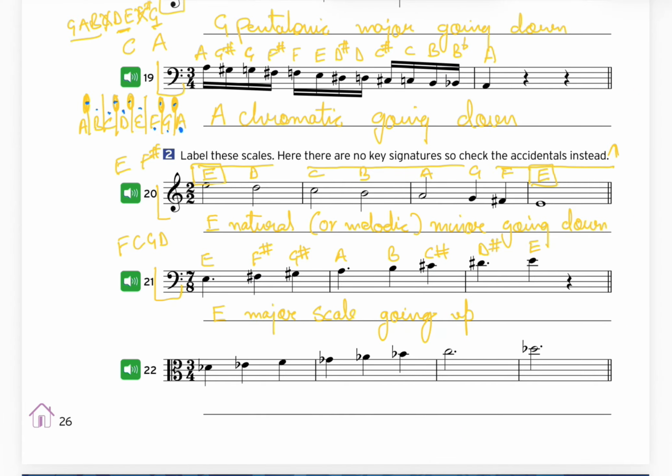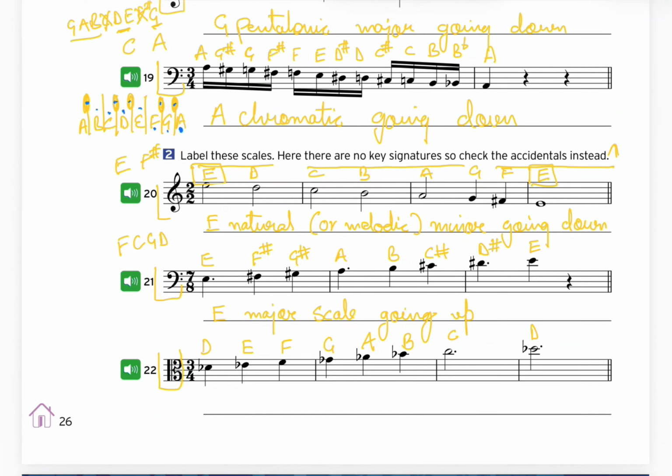Okay. Now the last one. Let's find out this one. So this is our alto clef. And let's find the first note. That is our D note. D, E, F, G, A, B, and C, and D again.